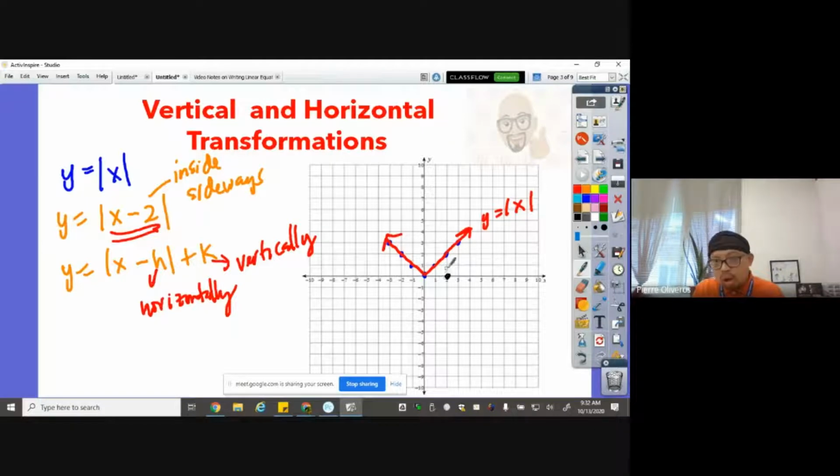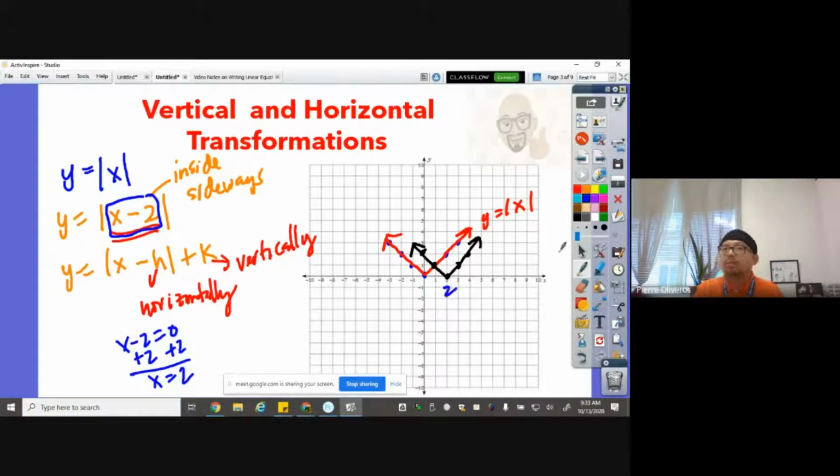So you go up 1 over 1, up 1 over 1, reflection, reflection goes this way. Why is it so? Here's what you need to do. You just grab that x minus 2 there and always set it equal to 0. When you solve for the x there, that will give you x equals 2. That's why you start at +2.